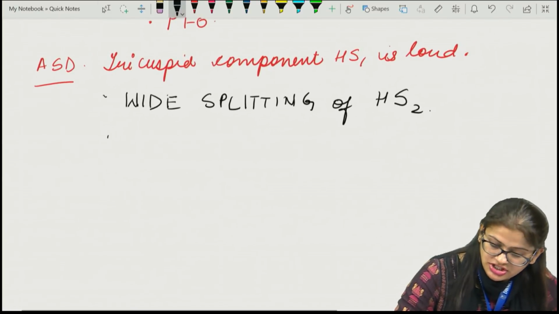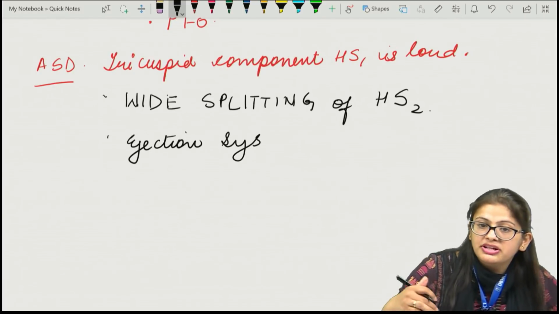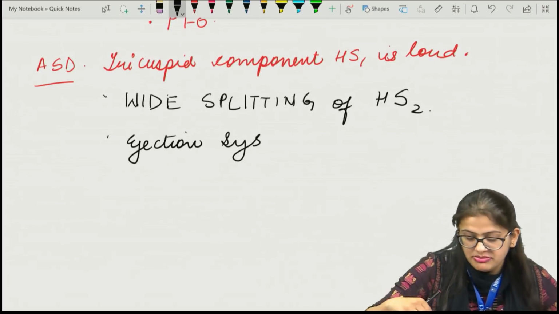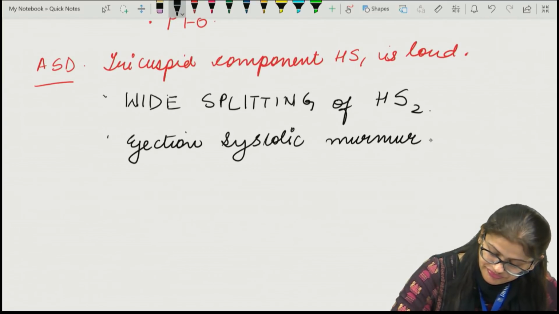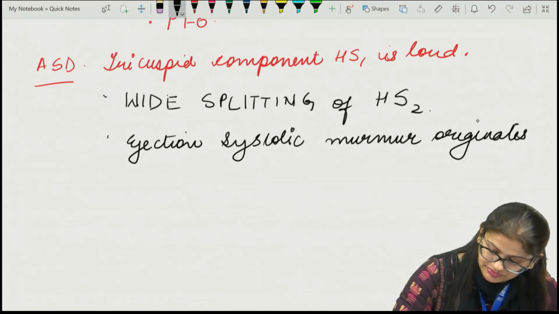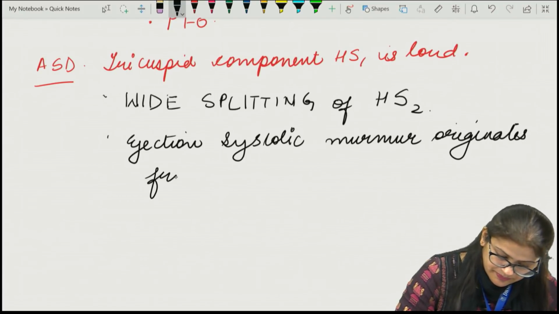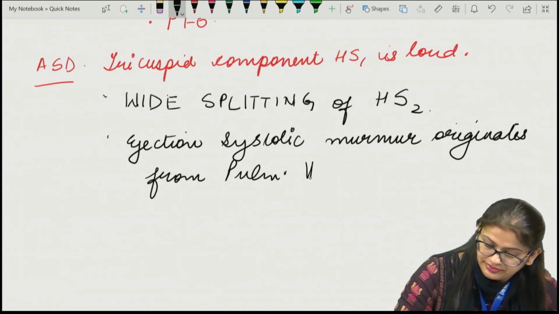The ejection systolic murmur that is seen in ASD results because of the increased flow across the pulmonary valve. The ejection systolic murmur originates from the pulmonary valve because of increased flow.